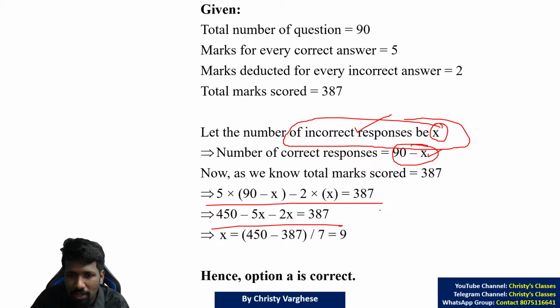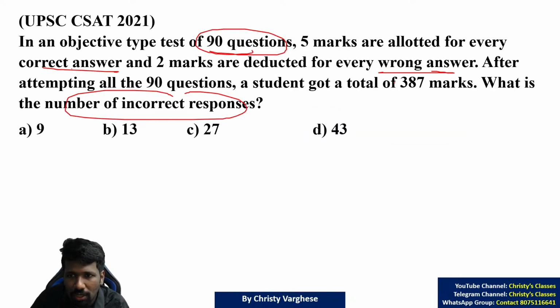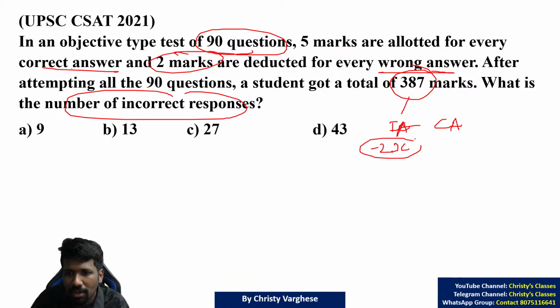So this is the direct method of solving, because the question says that the total mark obtained is 387. That mark obtained is the marks of incorrect answers and correct answers. Now, incorrect answers, how many are there? x. Each incorrect answer has 2 marks deducted, meaning minus 2x is the mark scored, because minus 2 for each incorrect answer. 1 incorrect answer, minus 2; x incorrect answers, minus 2 into x.